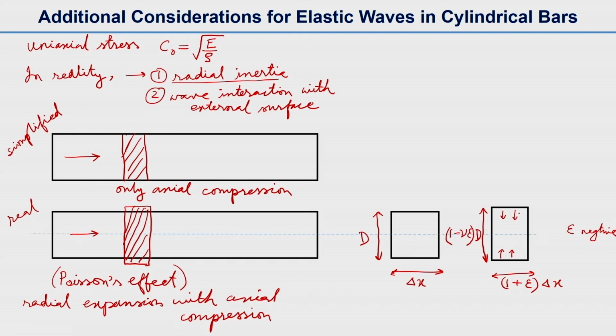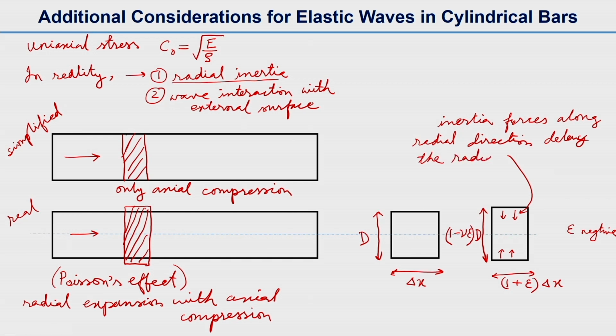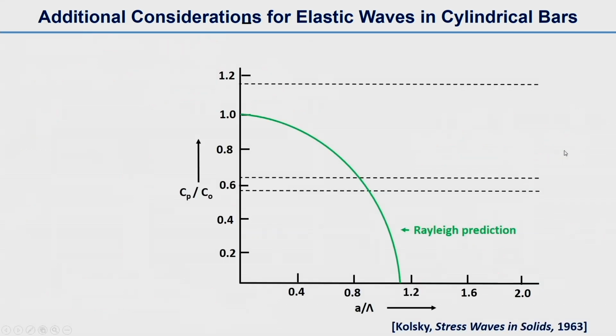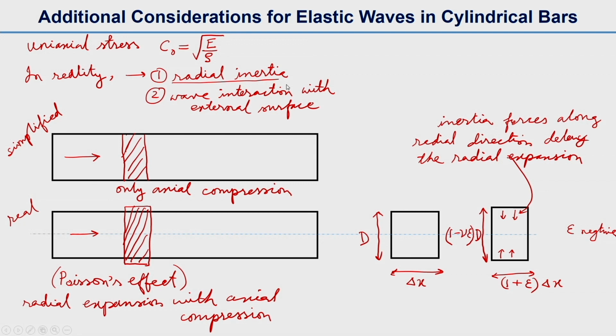So there will be some inertia forces along the radial direction that delay the radial expansion. That is what we mean by radial inertia.